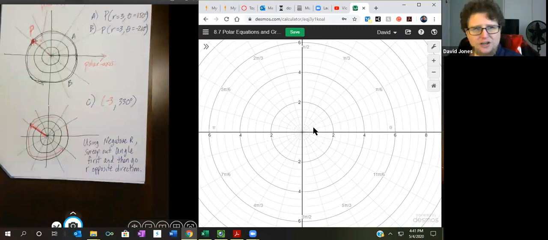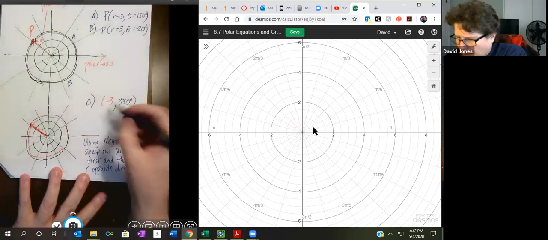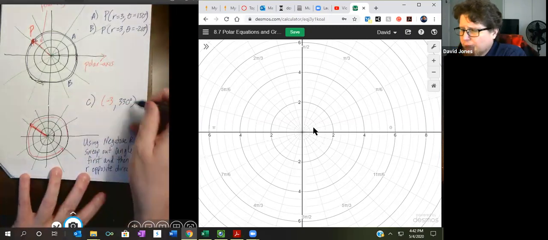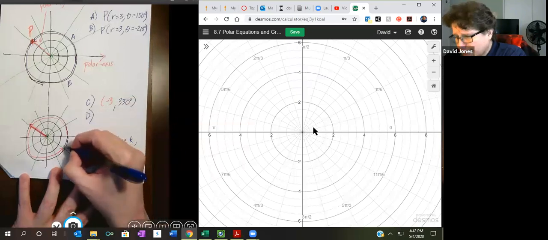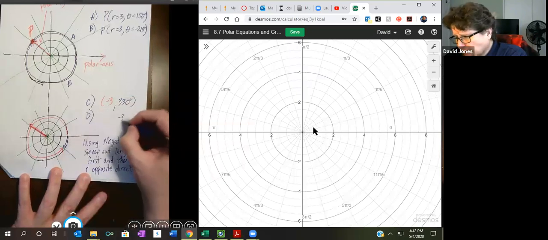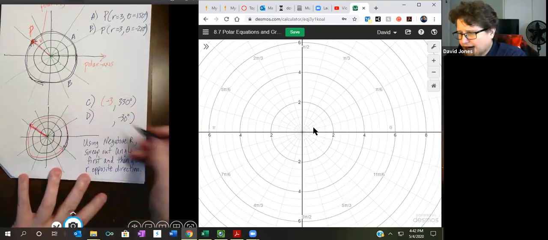That's one way of visualizing it. Let me show you the other option of this. I'm going to show another way of visualizing this negative 330 in a second. I could have also rotated negative 30 degrees and then gone negative 3.